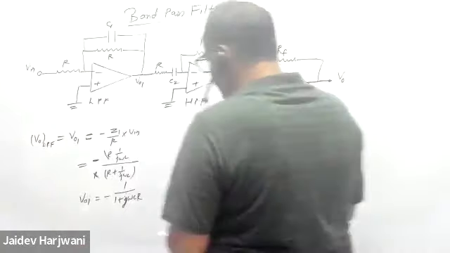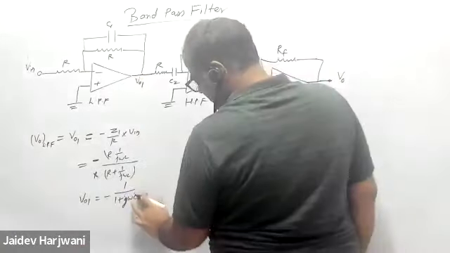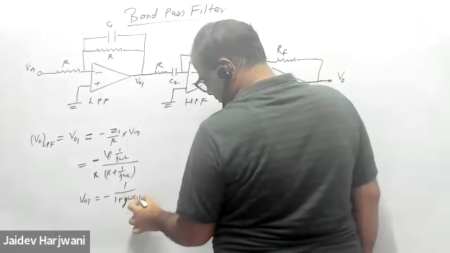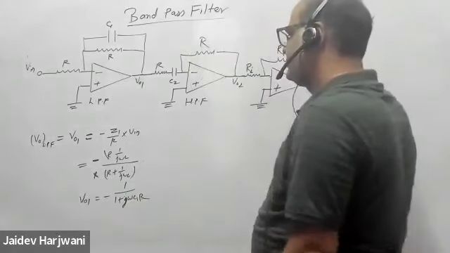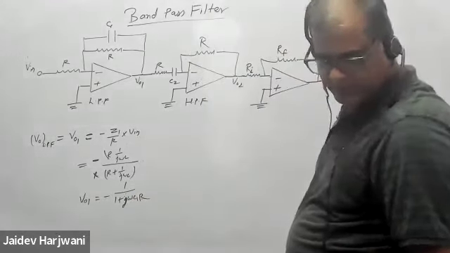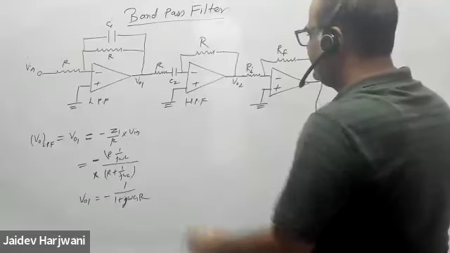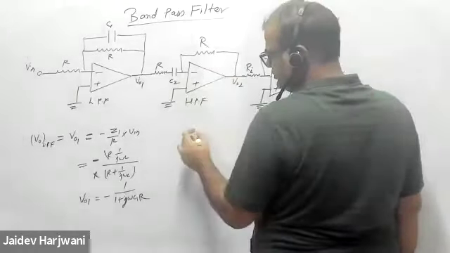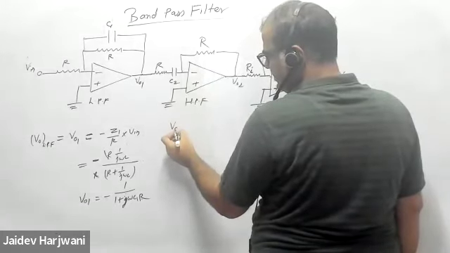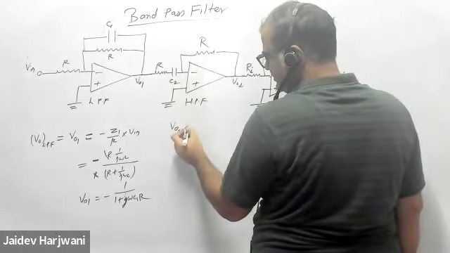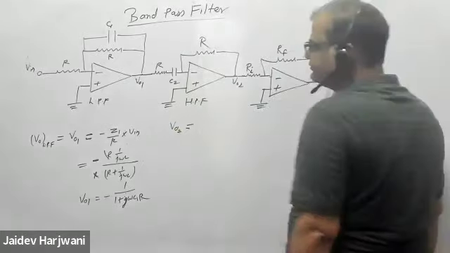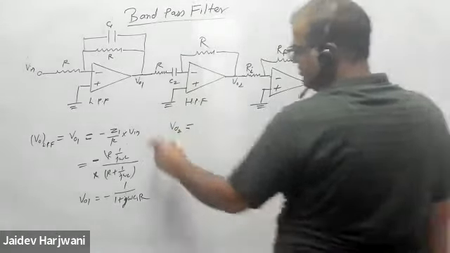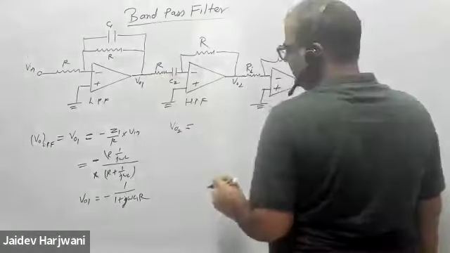So C is here, C1. Similarly, what is V naught 2? V naught 2 will be basically whatever V naught 1 is input going here.